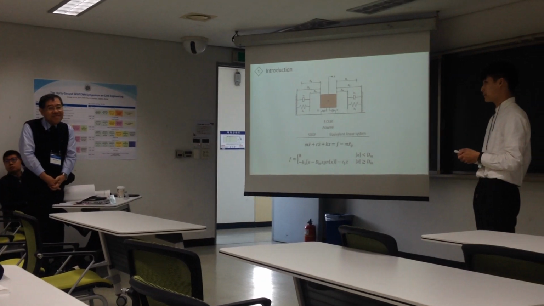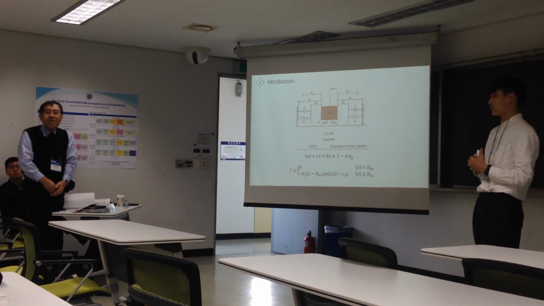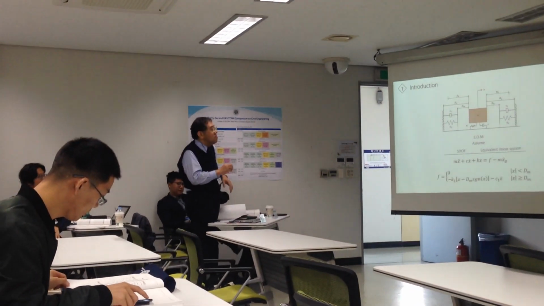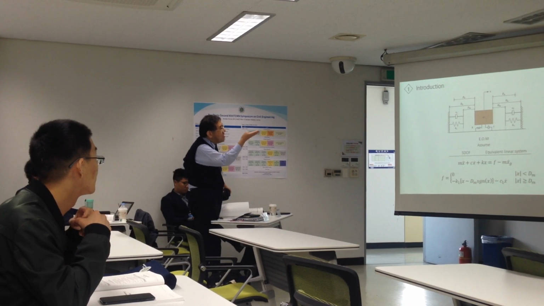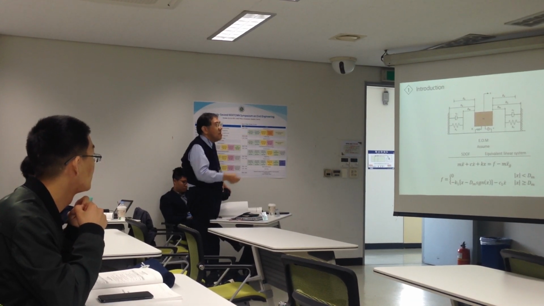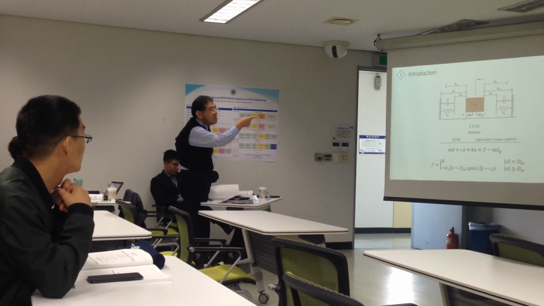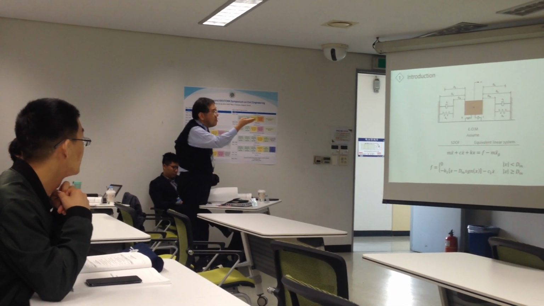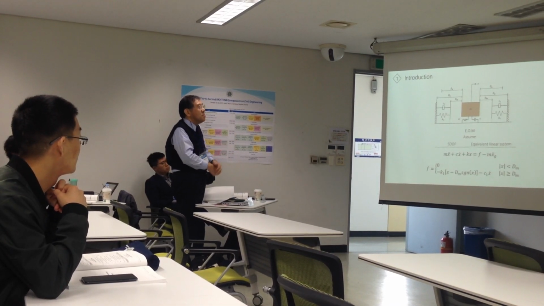Okay. Do you have any other questions? I have one question. You mainly discussed the parameters, in this case, damping coefficient and stiffness. But I think that the triggering distance like dm can be an effective parameter to control the overall response.